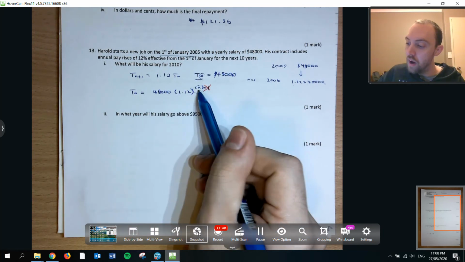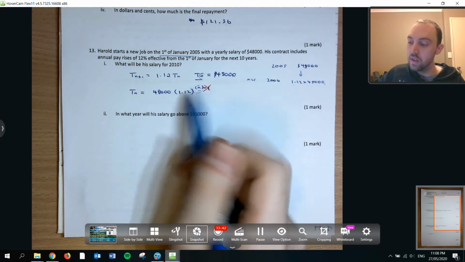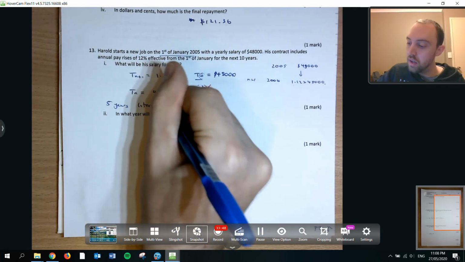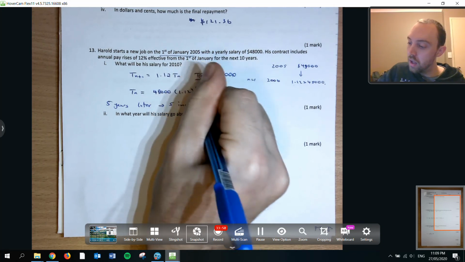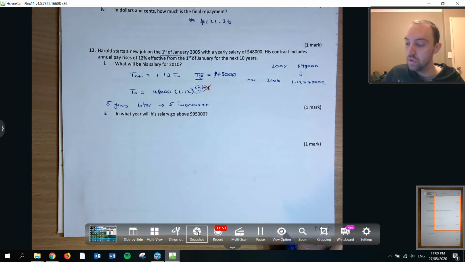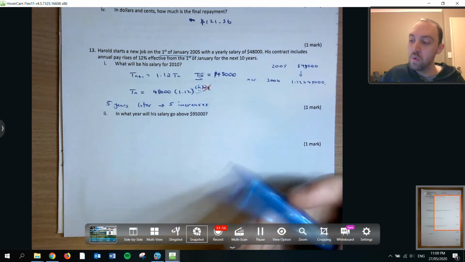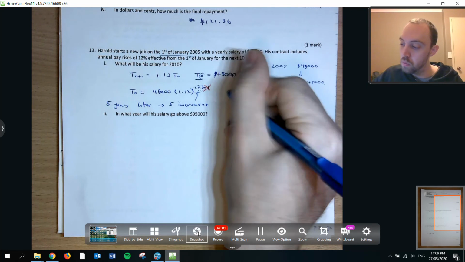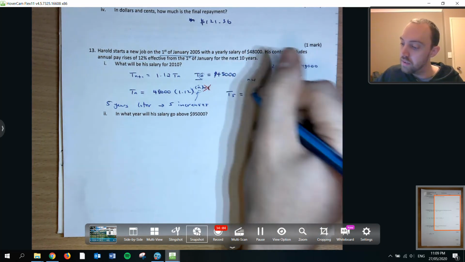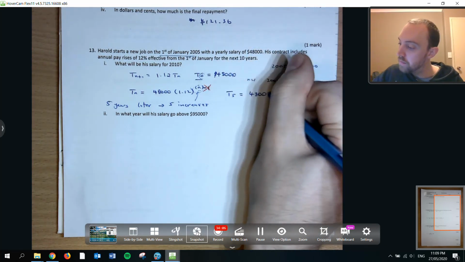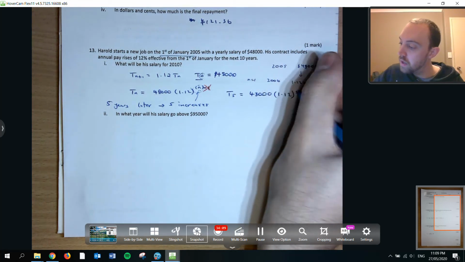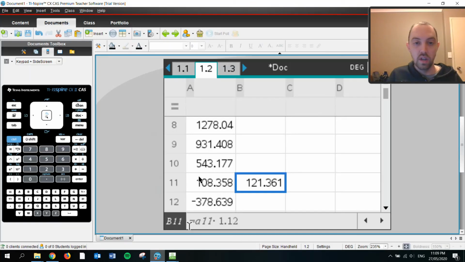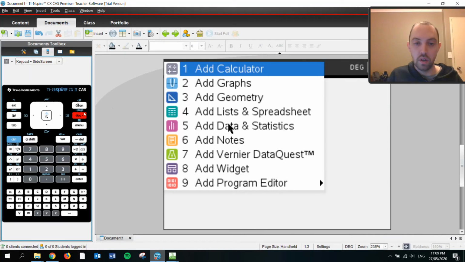So 5 years later, in 2010, there's been 5 increases, 1.12 to the power of 5. T5, 5 years after, 48,000 times 1.12 to the power of 5. Or, again, you can do this on the list and spreadsheet section if you understand what's going on.